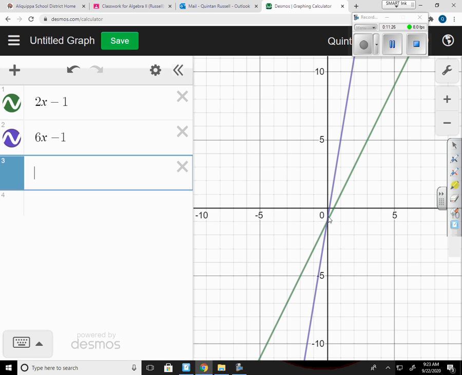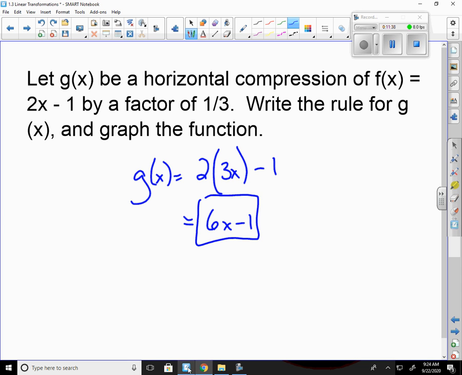It goes further right and left than the purple line. The purple line is our compressed form. They both go through the same y point on the y-axis. So that's how we can really tell that it's a horizontal compression or horizontal stretch, because they're going through the same point on the y-axis.